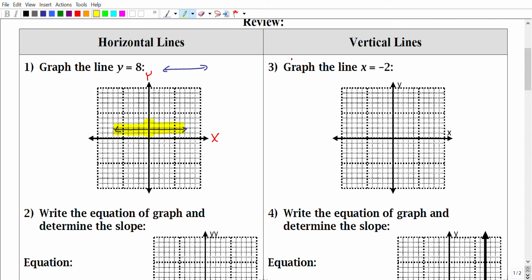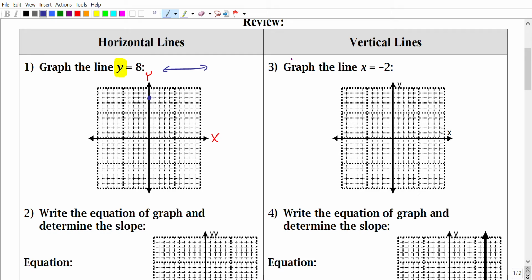Now, because I crossed the y-axis, then I know a horizontal line has to start with y equals. That other part of the equation says that the horizontal line has to go through y equals 8. Well, where is 8? Let's count on the y: 1, 2, 3, 4, 5, 6, 7, 8.